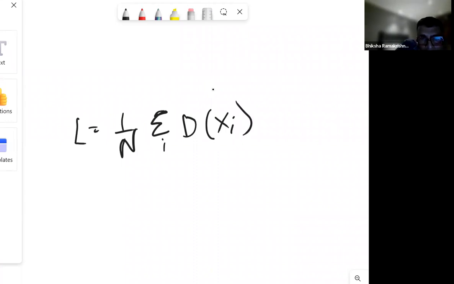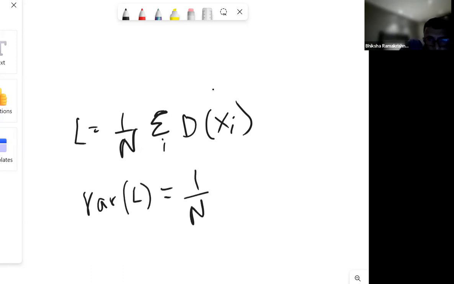So when I'm adding n, I can say the variance of the loss is going to be 1 over n squared, the variance of summation i d of xi.